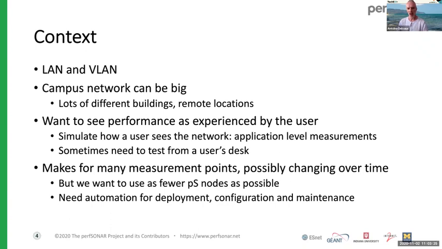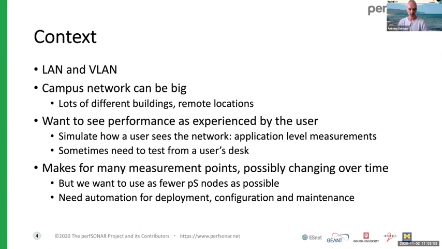So we know that perfSONAR can help us look at the performance of the network and of the LAN, as far as that's possible, of the campus network. But we would like also, with this new solution, to be able to look at the performance as seen by the end user. So not only the raw latency and throughput metrics, but also some application level metrics.